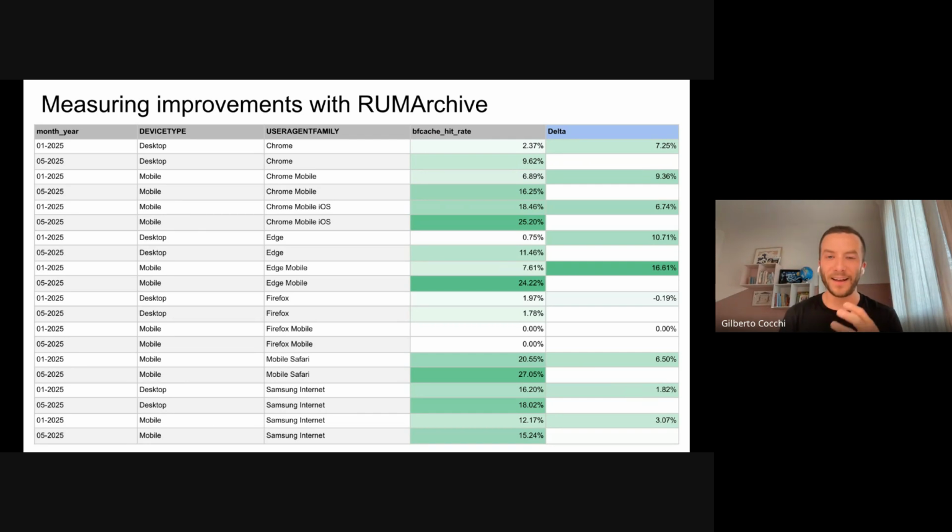But I actually tried to look at the BFCache hit rate by month by browser vendor. It was fascinating because, for example, the changes that we had in Chrome, which I mentioned before, actually propagated to other Chromium-based browsers, which was, in my opinion, positive.